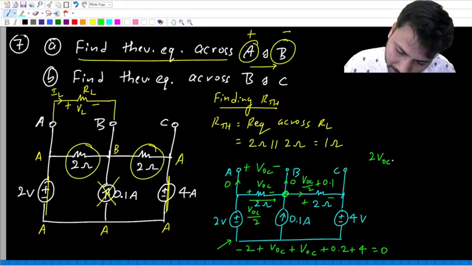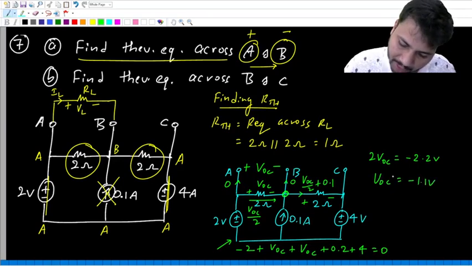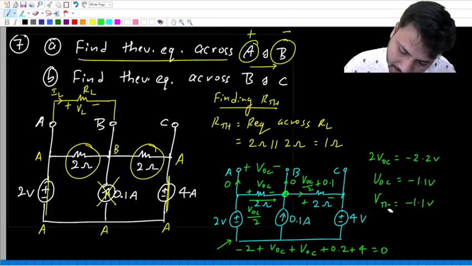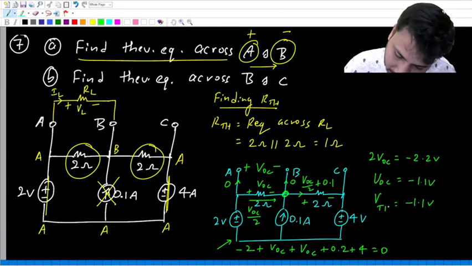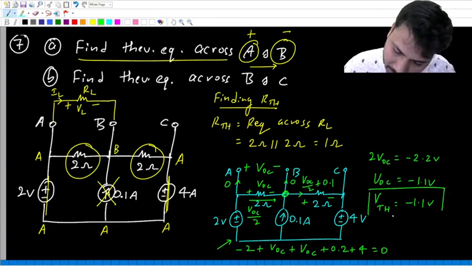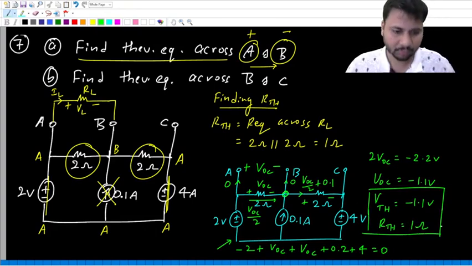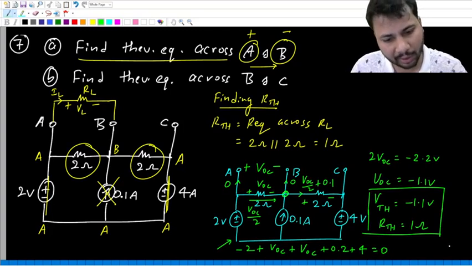So we are going to get 2 VOC equal to minus 2.2 volts. So VOC is minus 1.1 volts. So that is the value of VTH. So the value of VTH is minus 1.1 volts. And of course we already found RTH to be 1 ohm. These are the values of VTH and RTH.